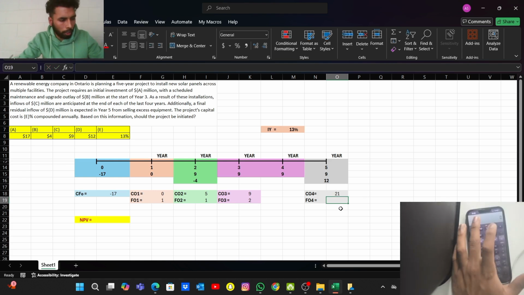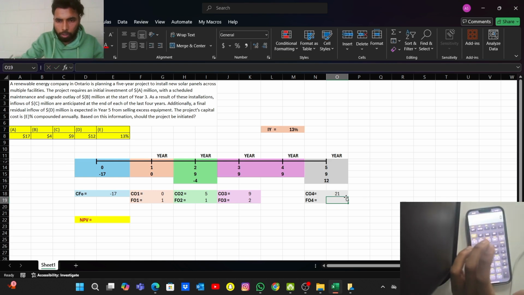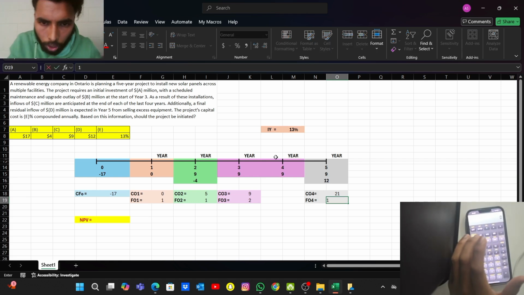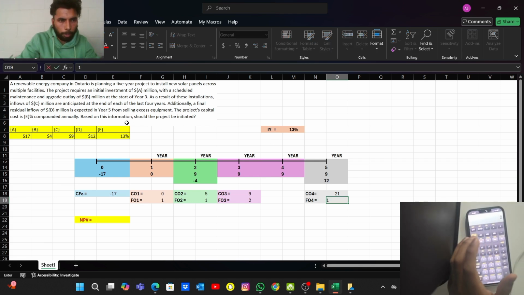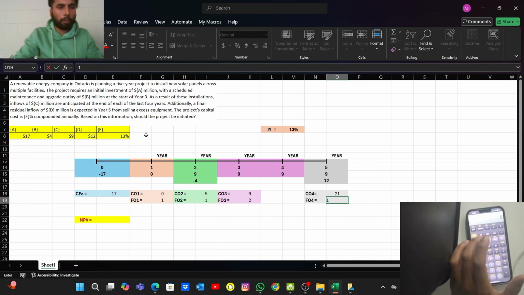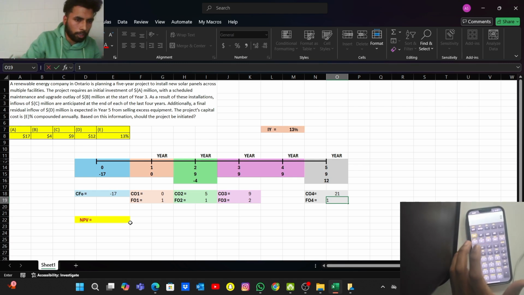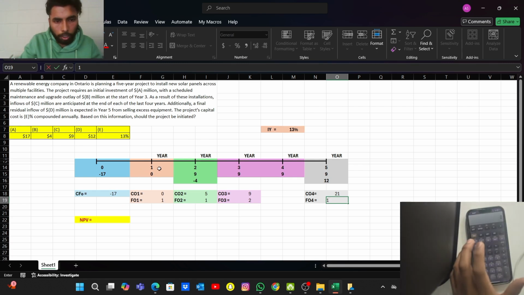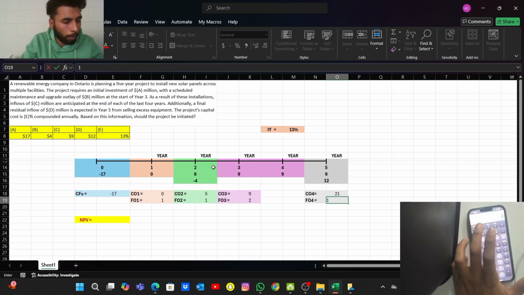That is 21, and the frequency of 21 is obviously 1. One more piece of information: the interest I/Y is 13. Just put it here. Don't forget, we are simply putting numbers, and at the end we need to multiply by 1 million.